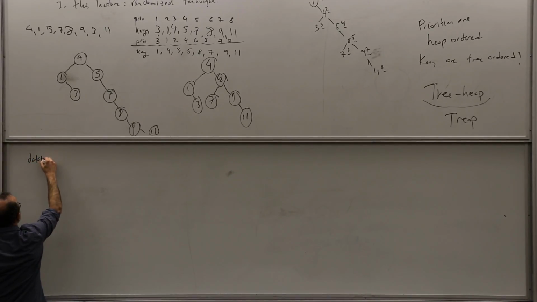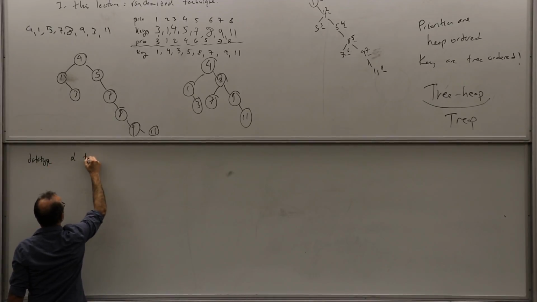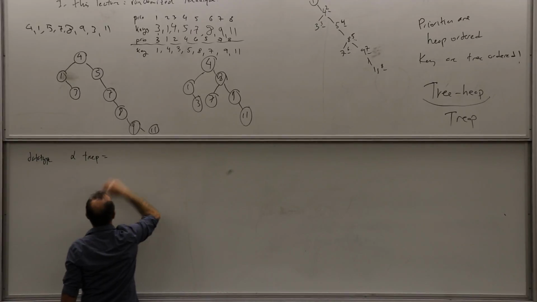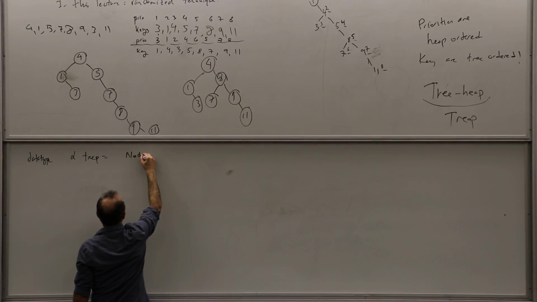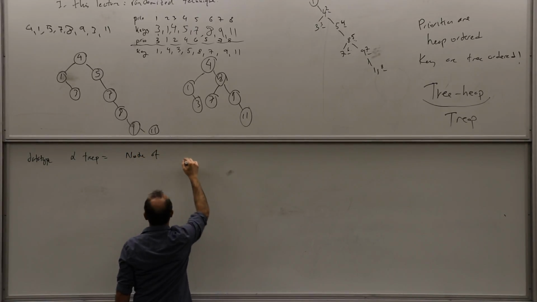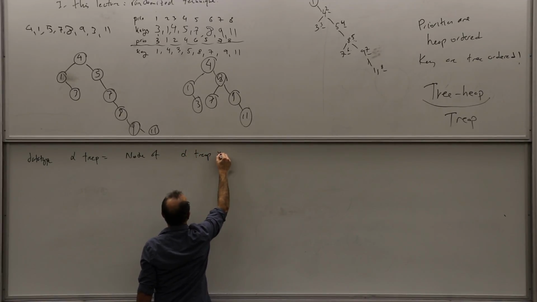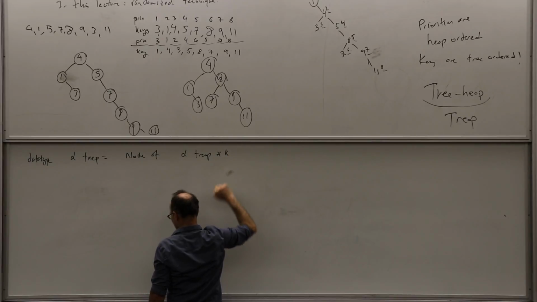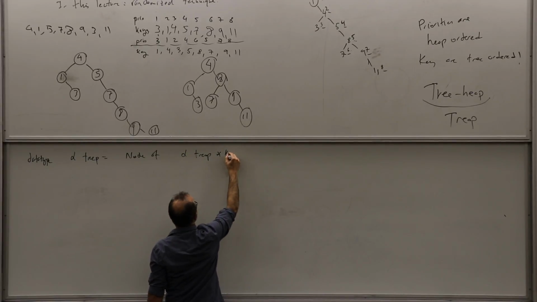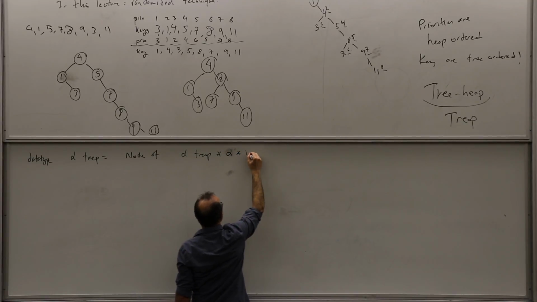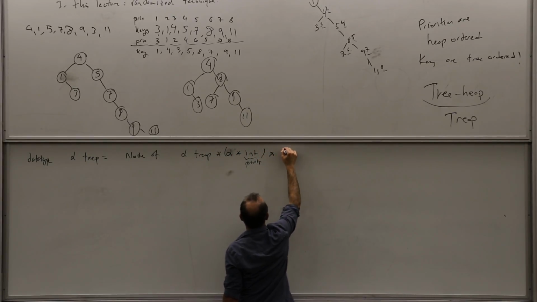Data type: alpha tree is, you can think of it as, a node of left subtree times key, where key is alpha, times int, this is the priority, times alpha tree.